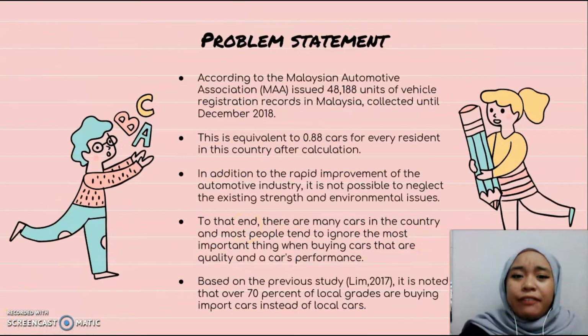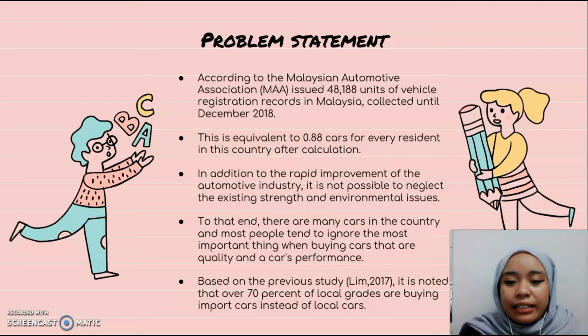Okay, the problem that I figured out from this study is that there are so many vehicles, like I stated before, and it is very rapid. There are rapid improvements in demand for purchasing cars, and it is not possible to neglect the existing trend and environmental issues. However, people are purchasing cars but tend to ignore the most important thing when buying cars, which is the performance and the quality.